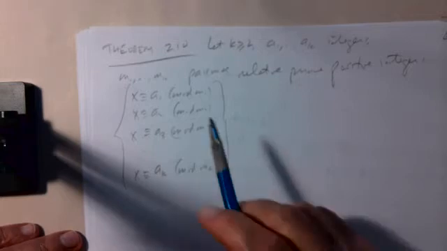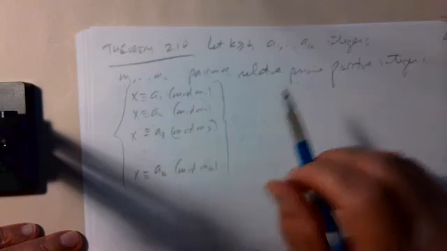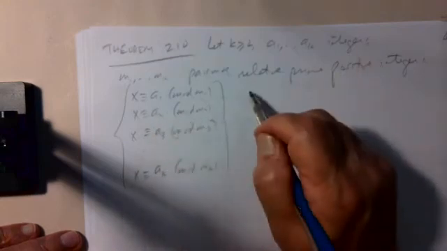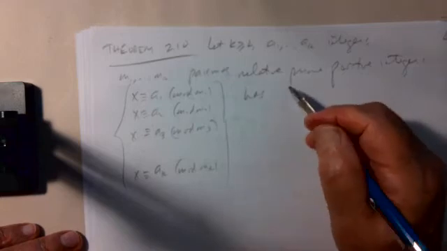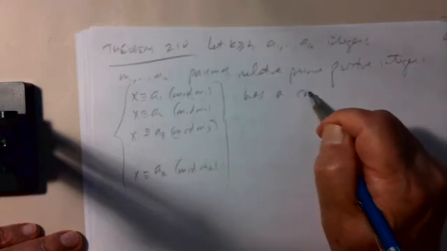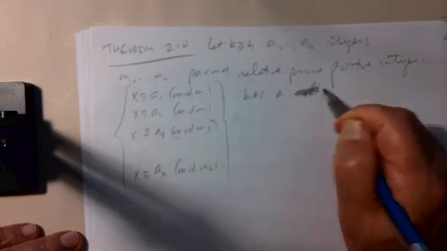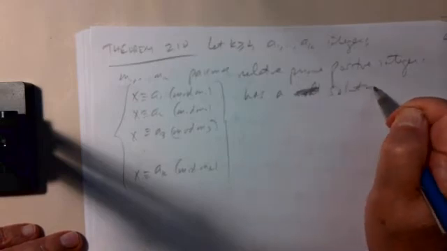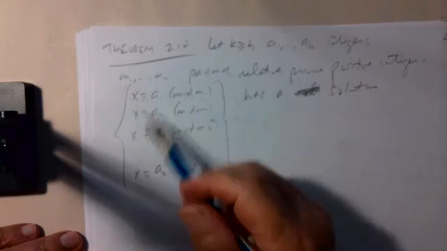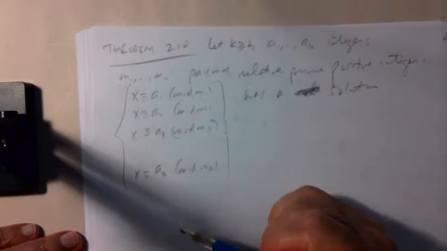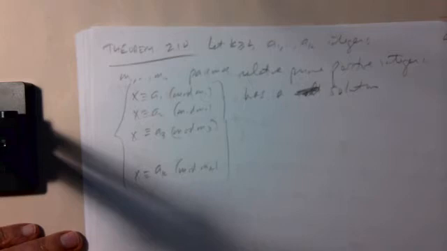So if the moduli are pairwise relatively prime, this system of congruences has a solution. If you have pairwise relatively prime moduli, you can solve these k congruences simultaneously.